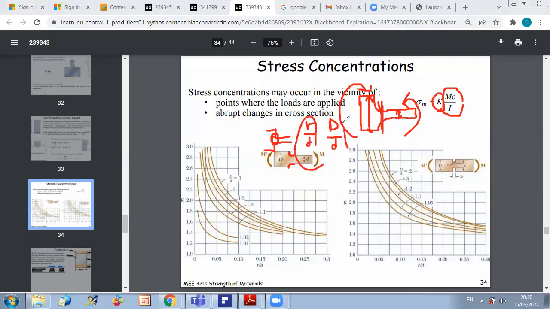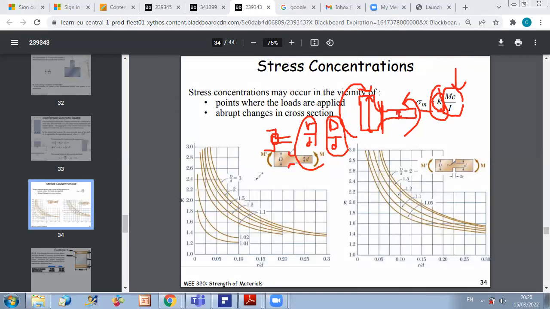We did several experiments, varying r over d and D over d, measured the maximum stress value, and compared it to the conventional one calculated. This allowed us to determine the stress concentration factor K that we should multiply by the maximum stress we calculate according to MC over I.